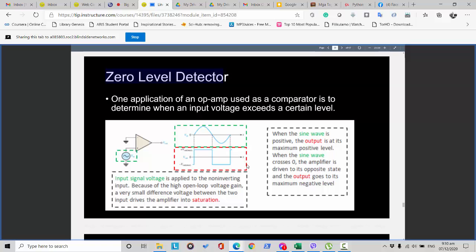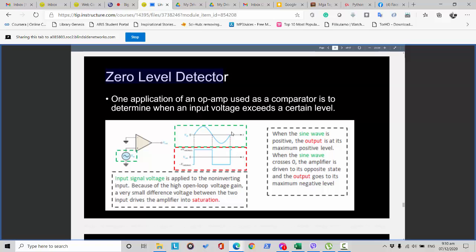When the sine wave is positive, the output is at its maximum positive level. But when the sine wave crosses 0, the amplifier is driven to its opposite state and the output goes to its maximum negative level.